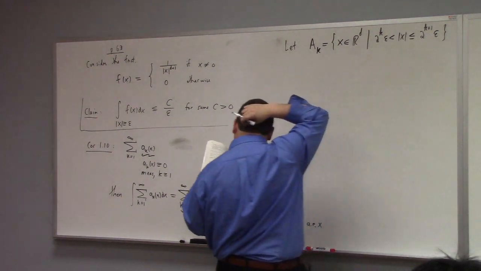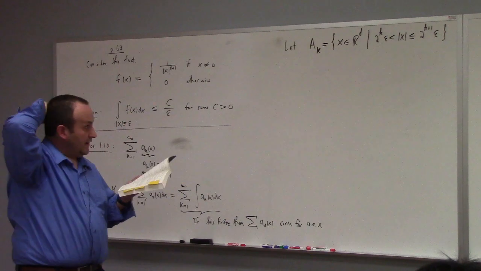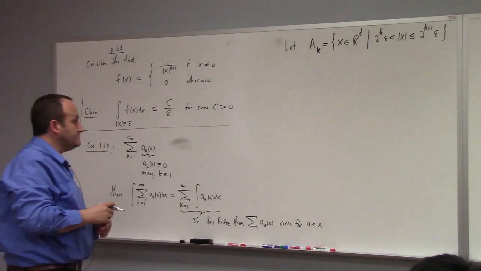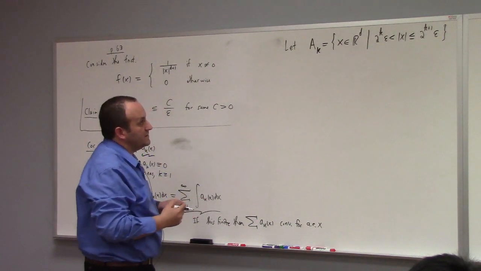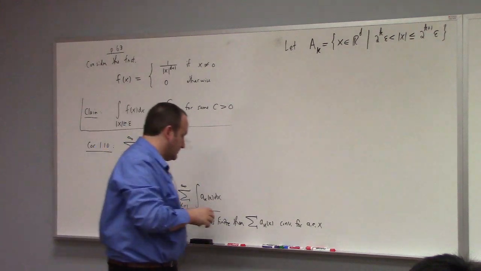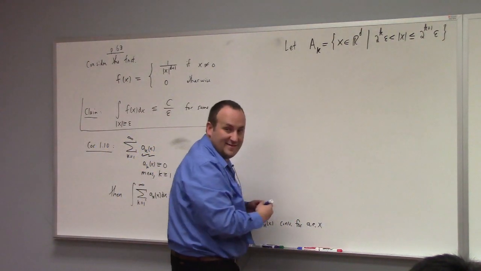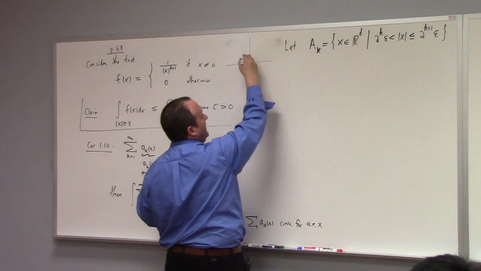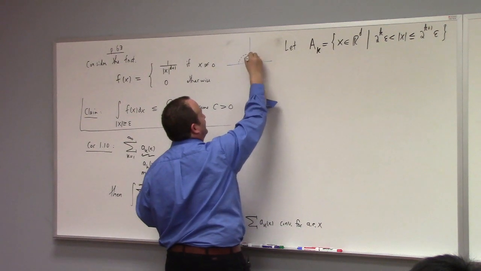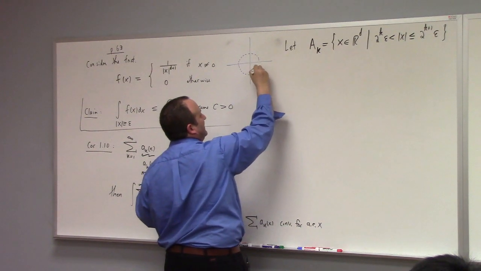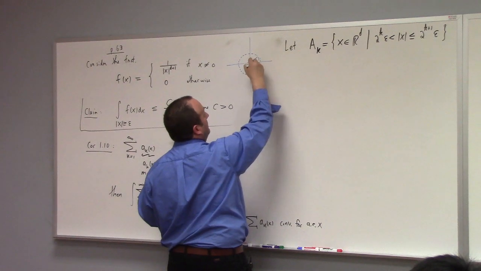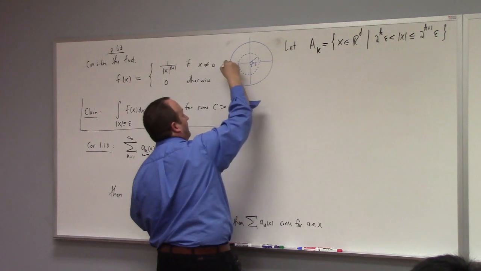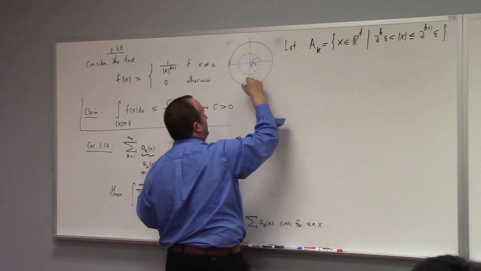So how would you picture A_k? What is this? Why is A a good letter for this? It's an annulus. That's right. It's a half-open annulus, depending how you want to look at it, because it's got a fuzzy inside edge but a solid filled-in outside edge.